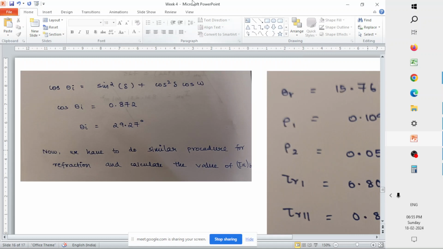Point 0.872, or the exact value is 0.87336. I have taken 0.872. So your theta i will be 29.27 degrees.